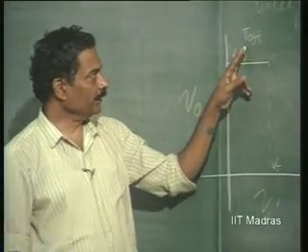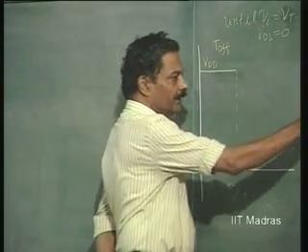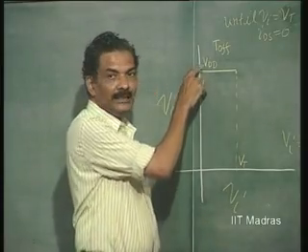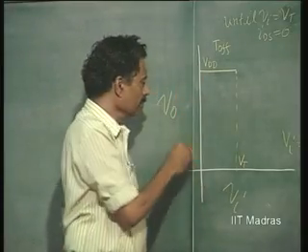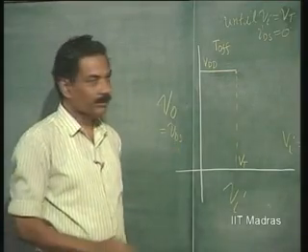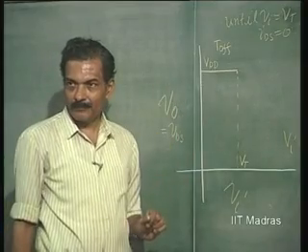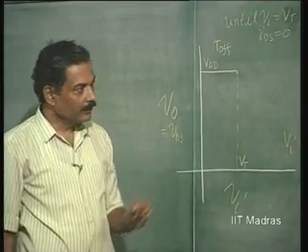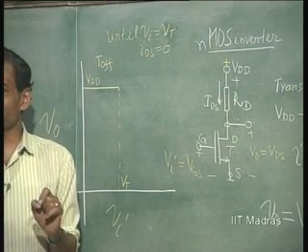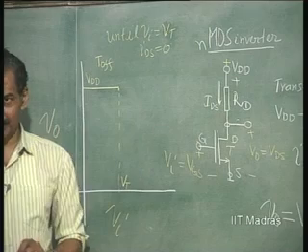Here T is off. The voltage VDS in this case is equal to VDD itself, because V0 is equal to VDS. That is the highest voltage possible. The current is starting from 0.